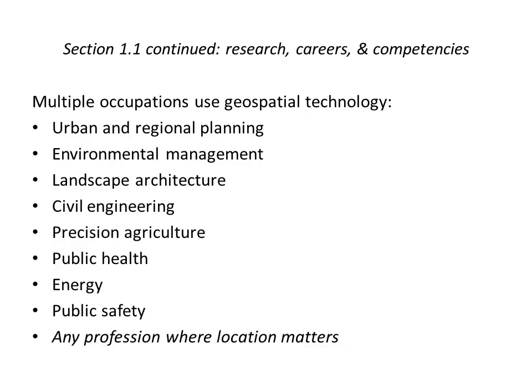This is part of our vision with our certificate program, is that we are attempting to serve students who are going into these kinds of fields like public health and urban and regional planning and environmental management and energy and public safety and so on. And basically any profession where location matters and location technologies are important could be of interest to someone with a GIS.